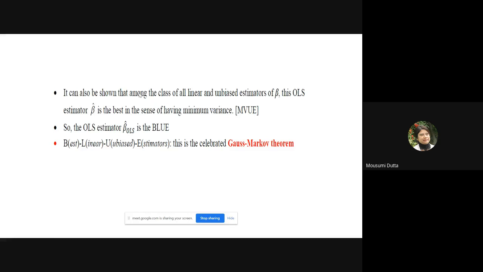Under these five classical assumptions regarding the random error term, if we find that the estimator is the best linear unbiased estimator, that follows the famous Gauss-Markov theorem. Gauss-Markov theorem. So please note down this line.